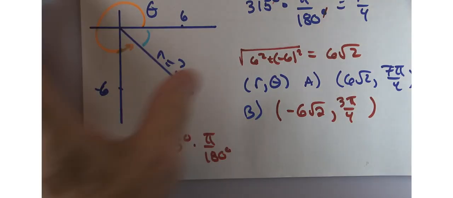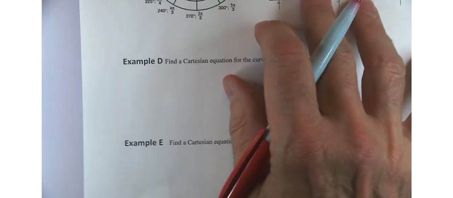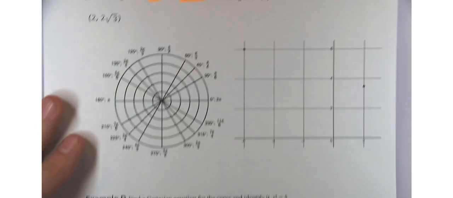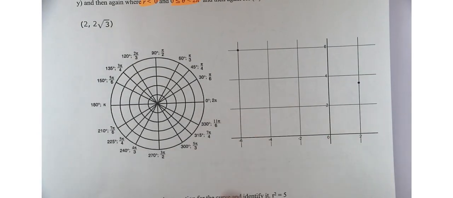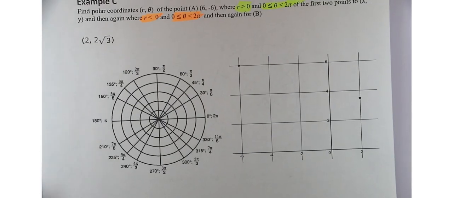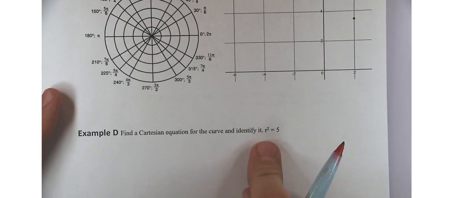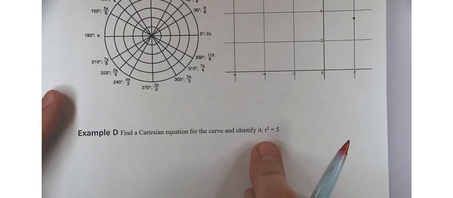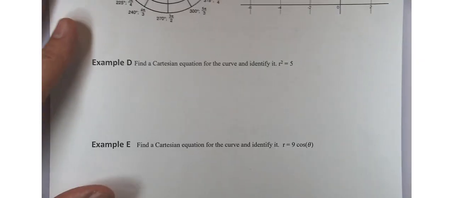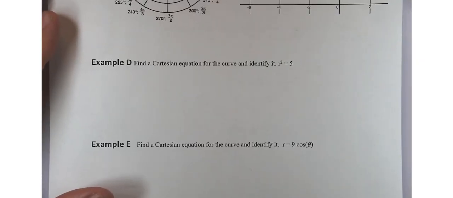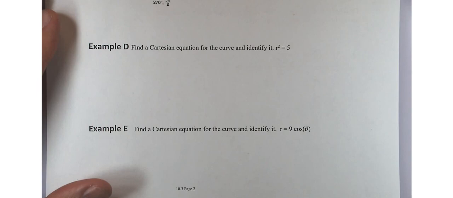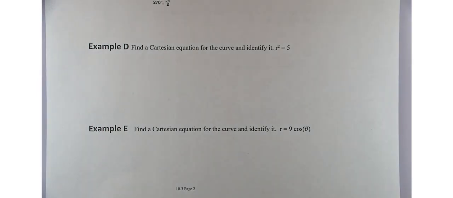Let's move on to example D here. Find the Cartesian coordinate system for the curve and identify it.